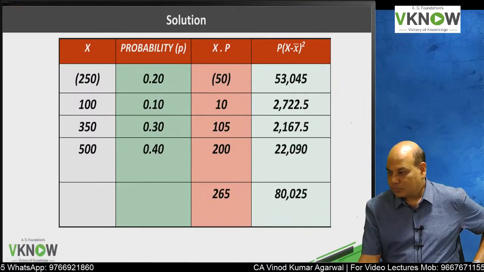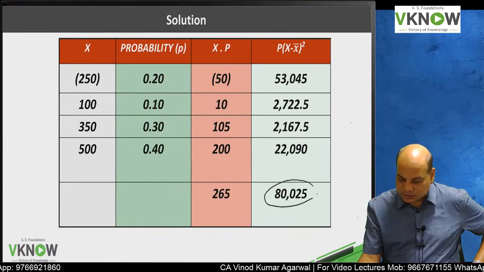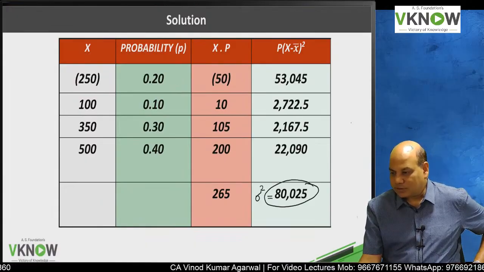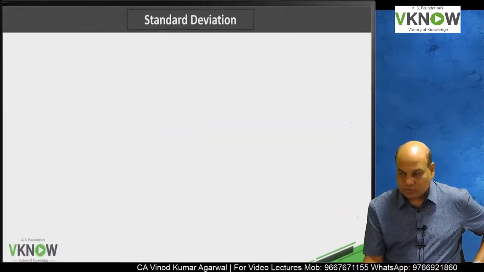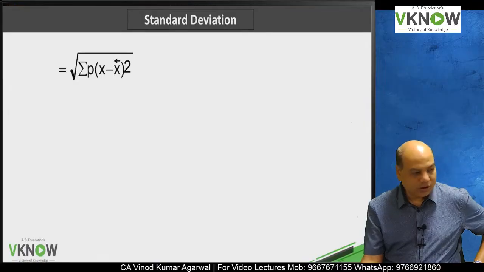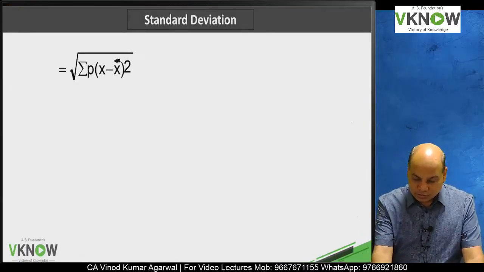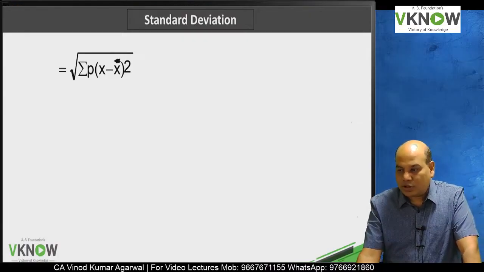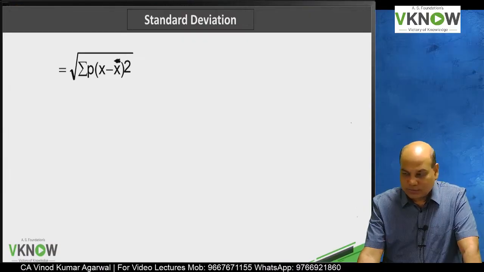80,025 is right. This is not standard deviation, this is sigma square. You have to take the square root of that to get the standard deviation. So write down below: standard deviation equal to under root summation p into x minus x bar square.